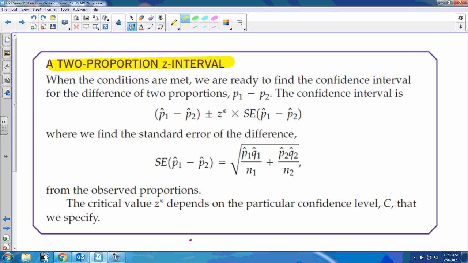The critical value is the exact same for one proportion as for two proportions. So if I ask you to be 95% confident, what number are you going to use? 1.96 still, because it's not changing. And then times the standard error, or the standard deviation of the statistic, which is that new equation we just came up with. Since it's an estimate based on p-hat and q-hat, it's a standard error and not a standard deviation.